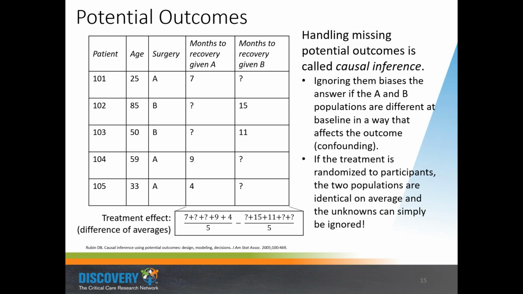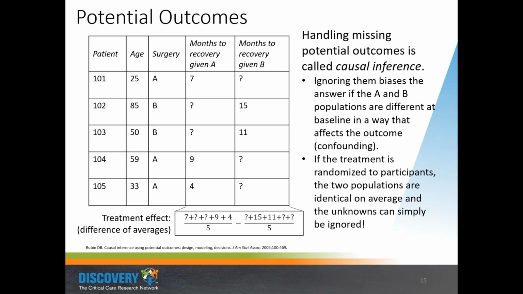So you start to see the problem, because if the population that is given A and the population that is given B are different at baseline, then the missing numbers, which I have here as question marks, are going to be biased in a certain direction. Let's say the B population is older. Then you're going to see a lot of longer months to recovery in the B column, just because those people are older.